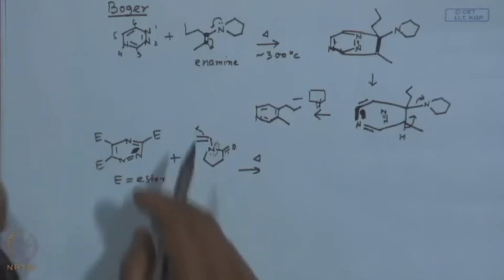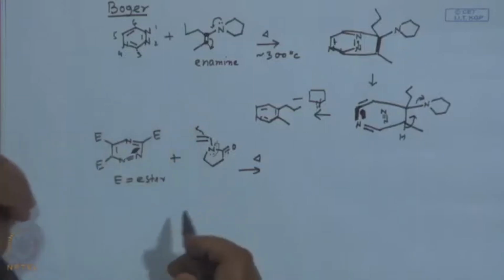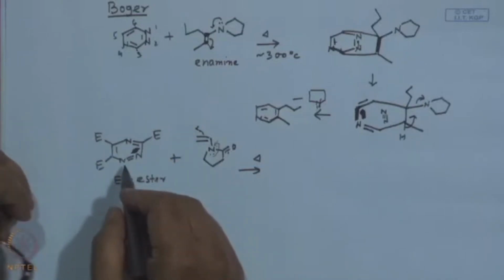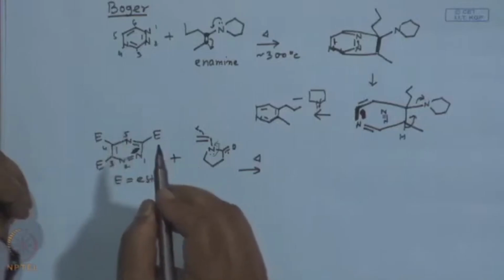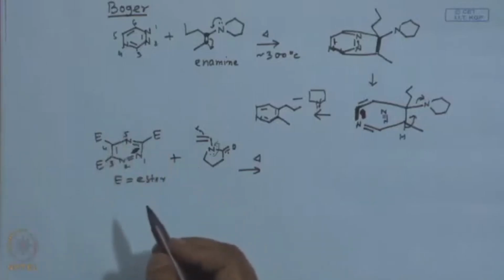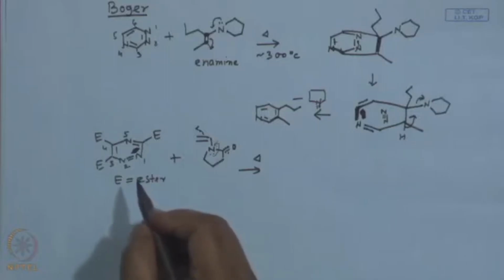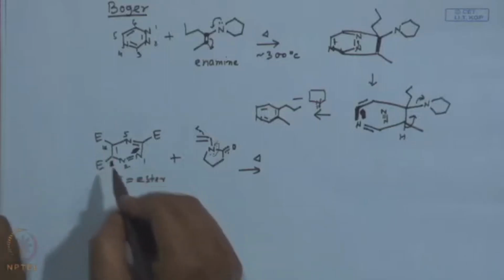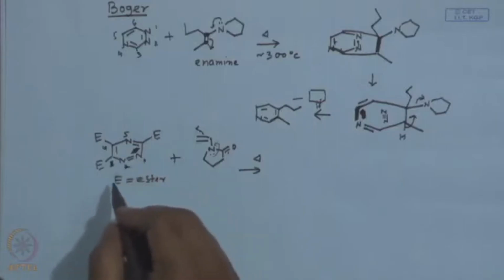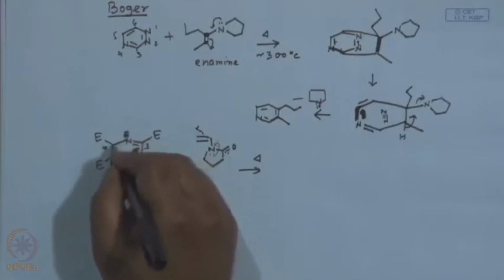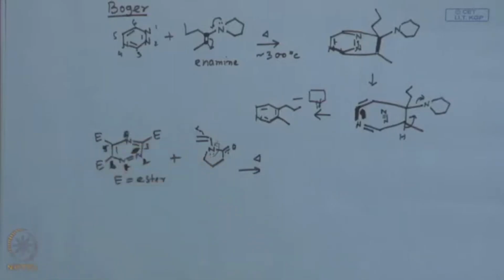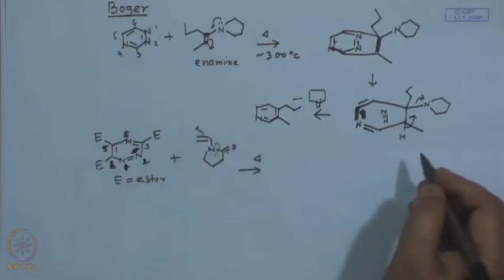Okay. Now here, which are the numbers? 1, 2, 3, 4, 5, the numbering is wrong, this way. 1, 2, 3, 4, 5, and 6. So, this beta carbon should attack one of these carbons.